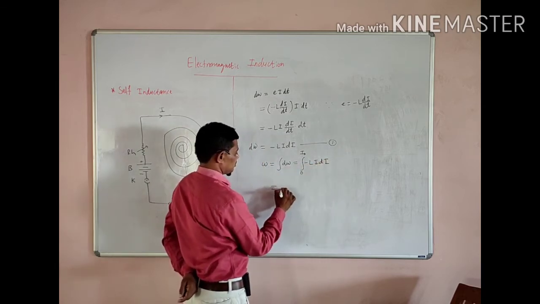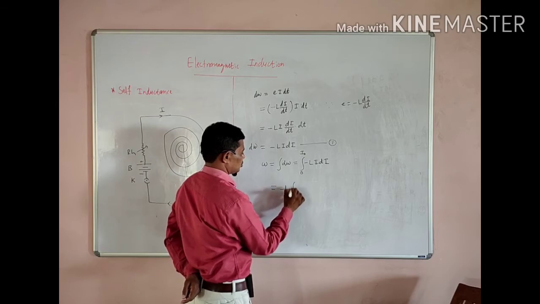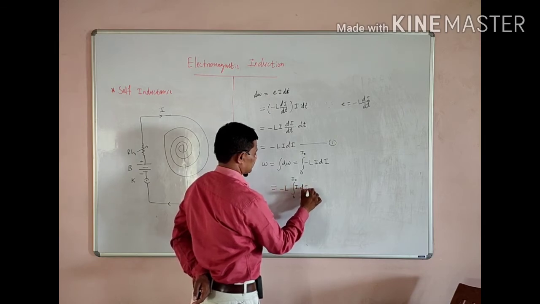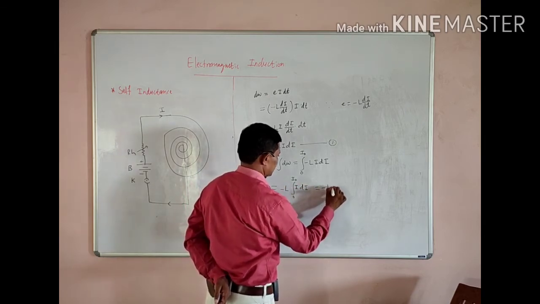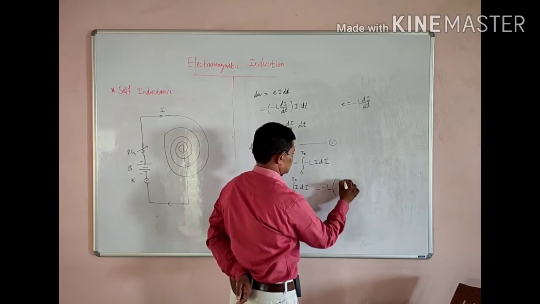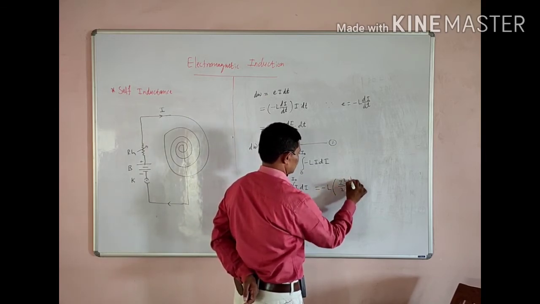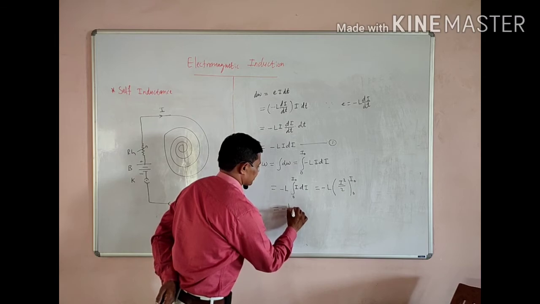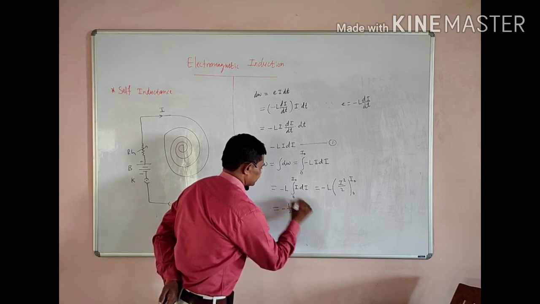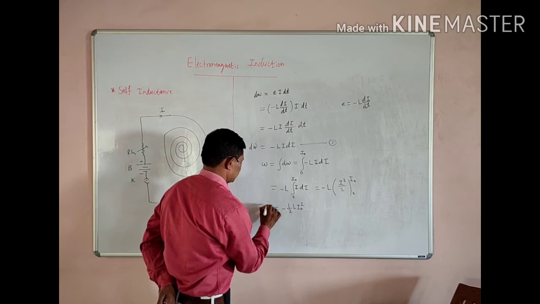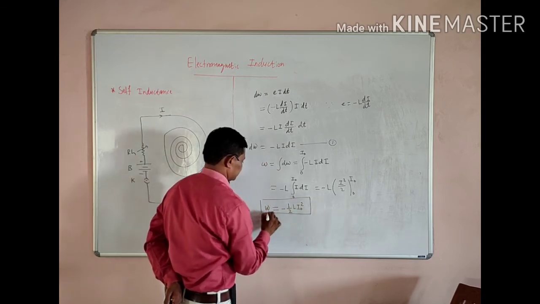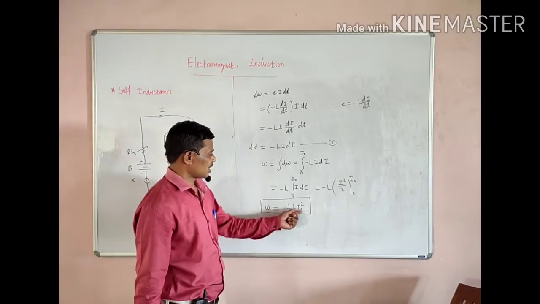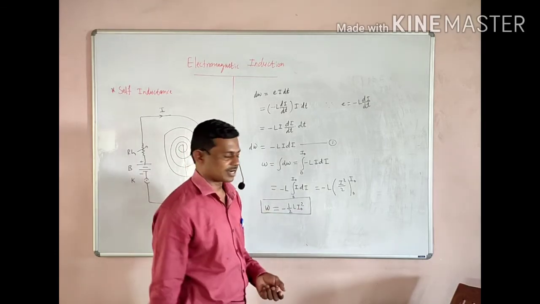This is equal to minus L taken outside, integral from 0 to I0 of I di, or this is equal to minus L times I square upon 2 from 0 to I0, or we can say minus 1/2 L I0 square. This is nothing but total work done in time t. W is equal to minus 1/2 L I0 square, where I0 is a steady current.